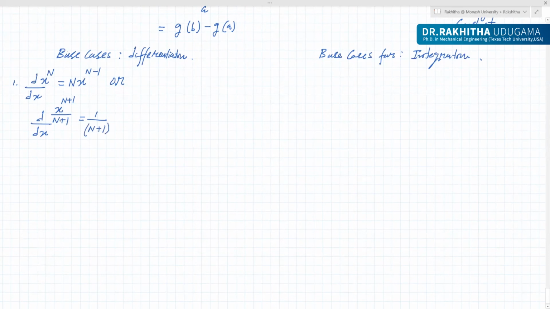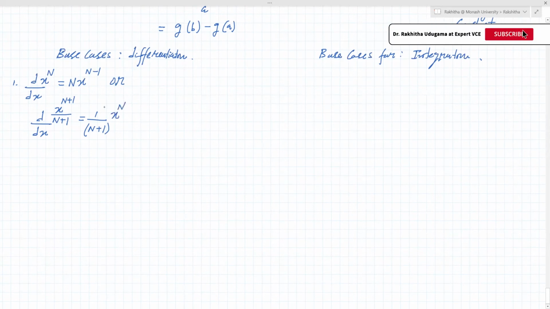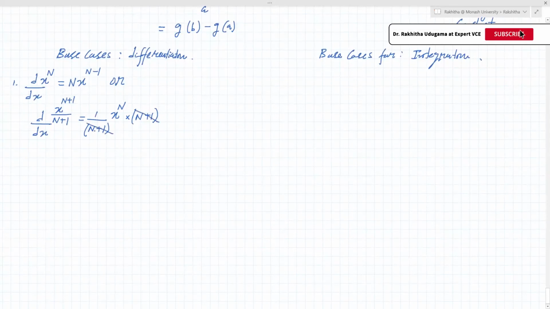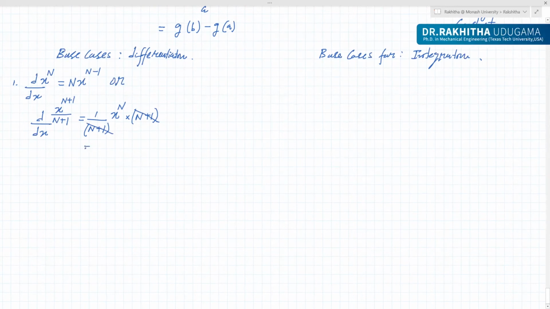You took this denominator out. Then you have x^(n+1), right? So the answer would be x^n, but you have to multiply that by n+1, right? So you can cut these two off. Then that would be x to the power n. So now we know d/dx of this part is going to be x^n.